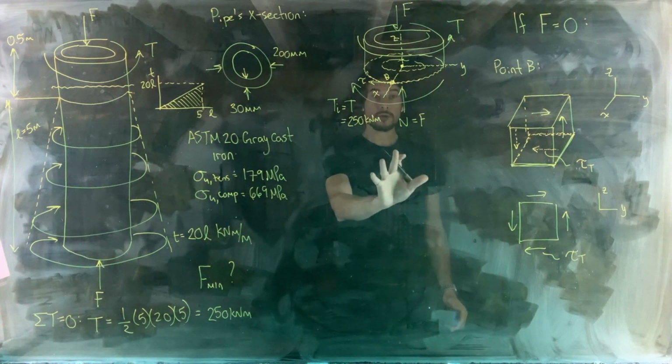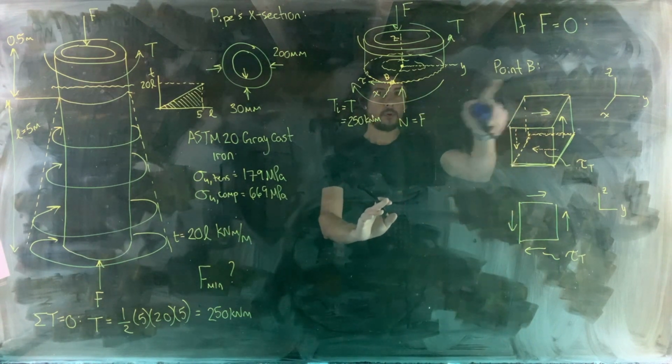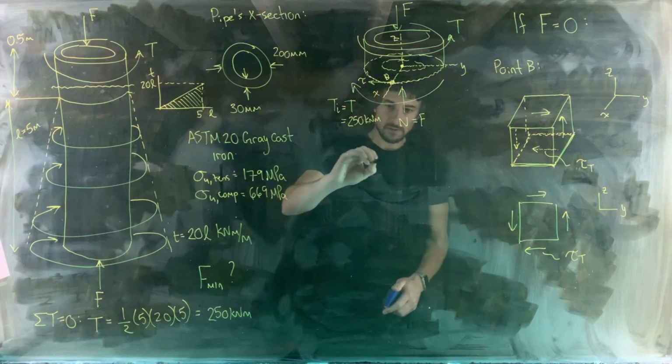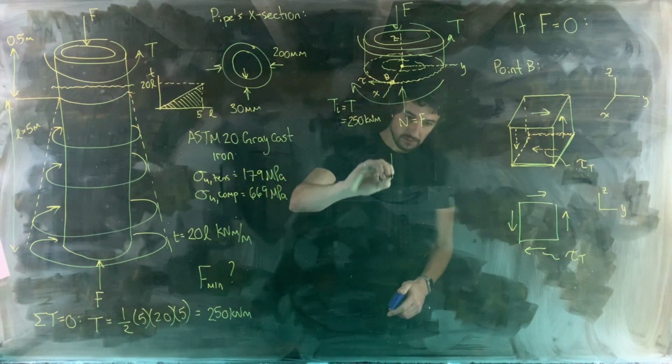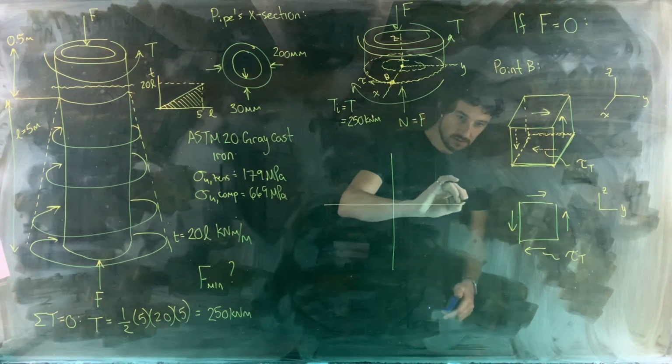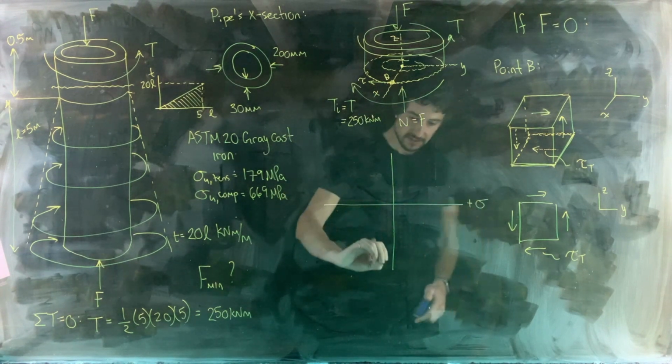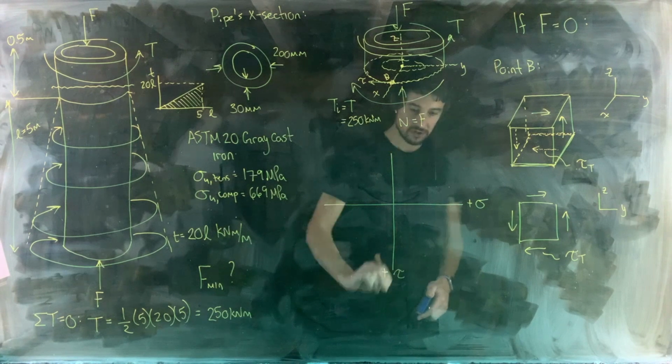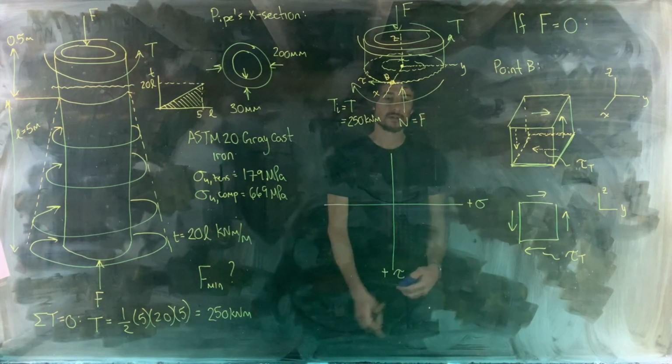So let's plot Mohr's circle now for point B. Set up our axes for the circle, with positive normal stress acting to the right and positive shear stress acting downwards like that.